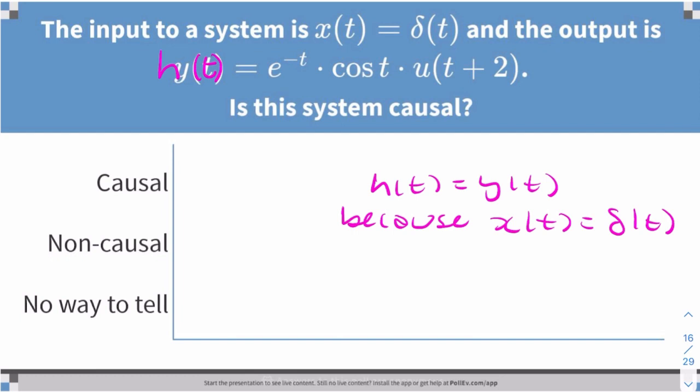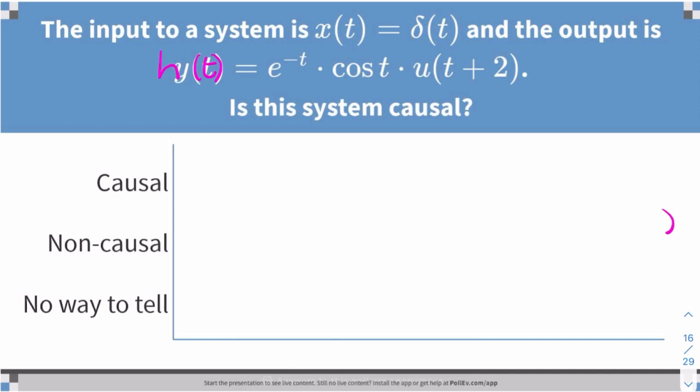That's not what the question is about, and that's really obvious. The question is asking, is the system causal? Now, don't ask yourself, is this greater than that? Ask yourself, is h of t 0 for t less than 0? That's what you need to ask yourself.